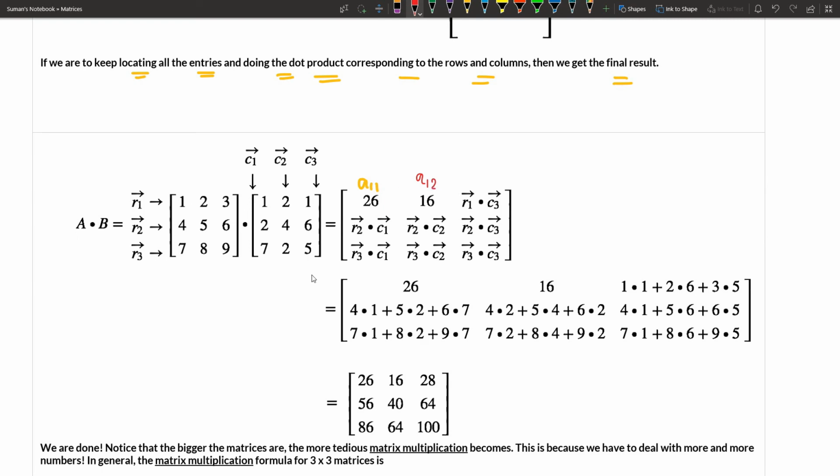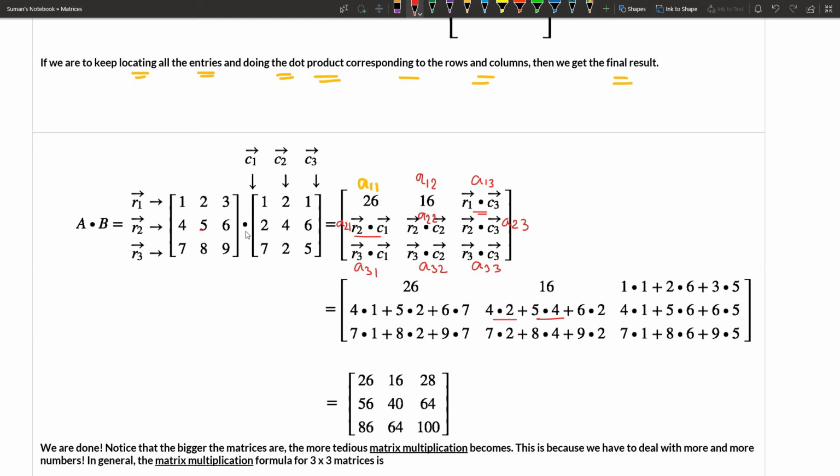Same for R1 C3, that is R1 dot C3, and then R2 C1, that is A21, R2 C2, that is A22, R2 C3, that is A23, R3 C1, that is A31, third row and first column, R3 C2, that is A32, and R3 C3, that is A33.